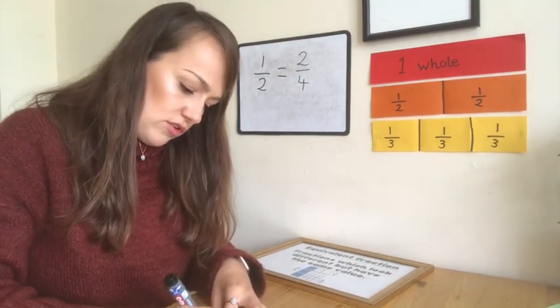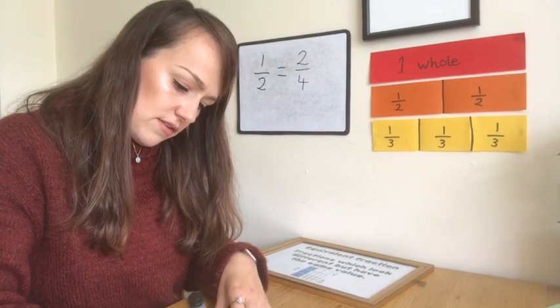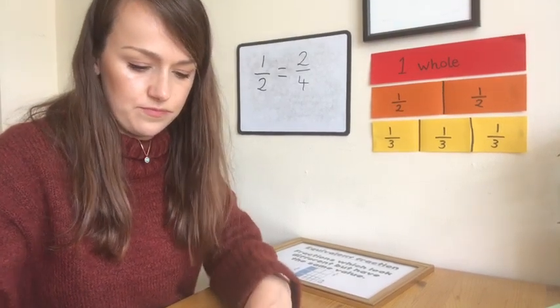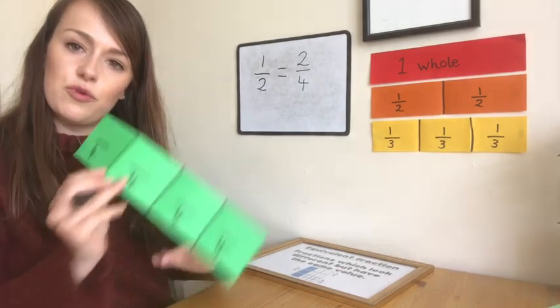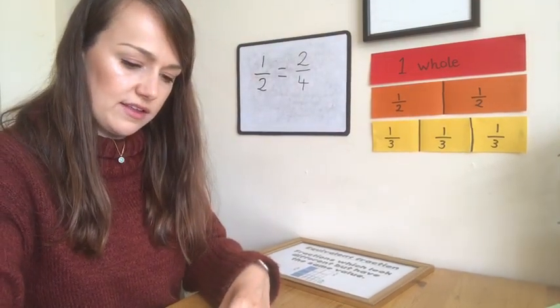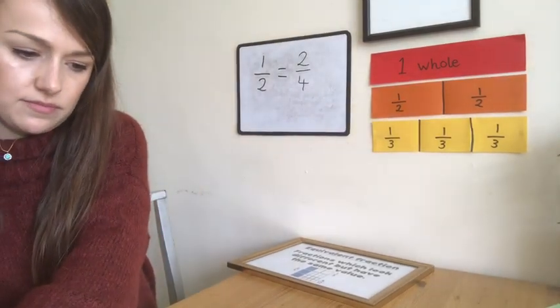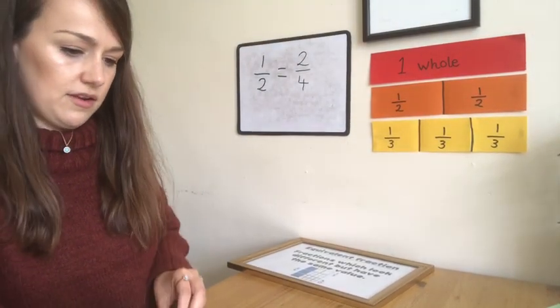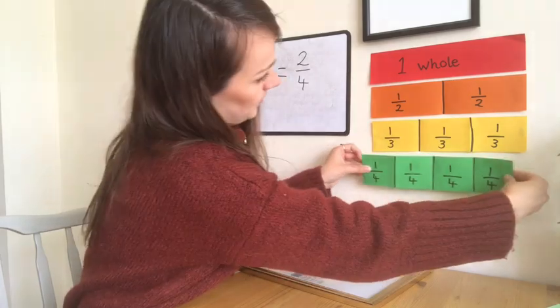Okay, and we know the denominator of each of these parts is 4, because it's split into 4 equal parts, and the numerator is 1. Okay, I'm going to add this to my fraction wall.